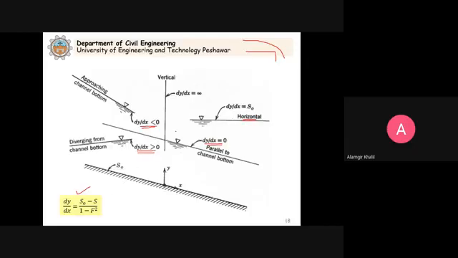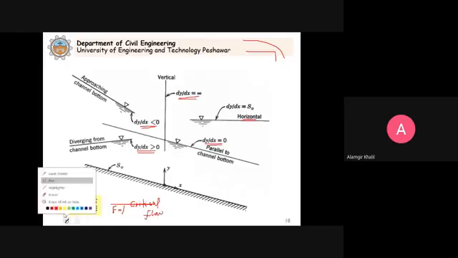And in case of critical flow, this dy by dx will be infinity. Why? Because for critical flow, the Froude number is 1.